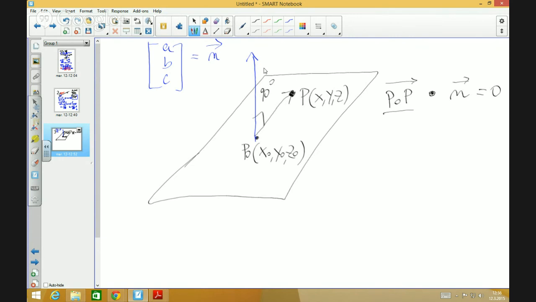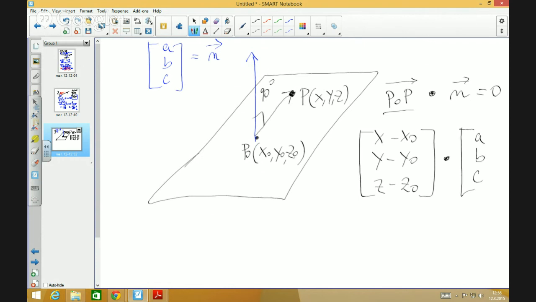What is it? It's P minus P0. So it's x minus x0, y minus y0, z minus z0, dot product with A, B, C, and that should be 0. So what does this mean?